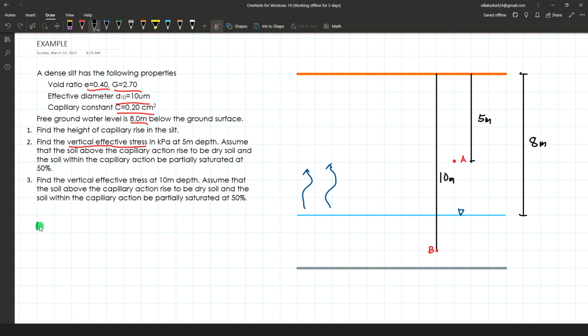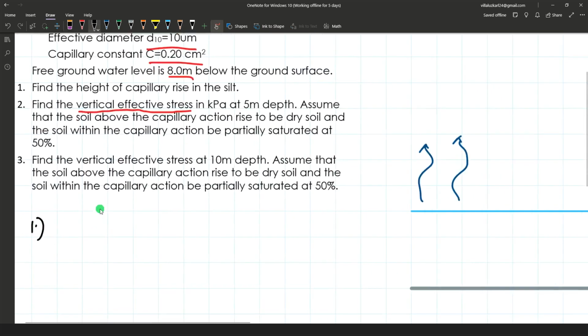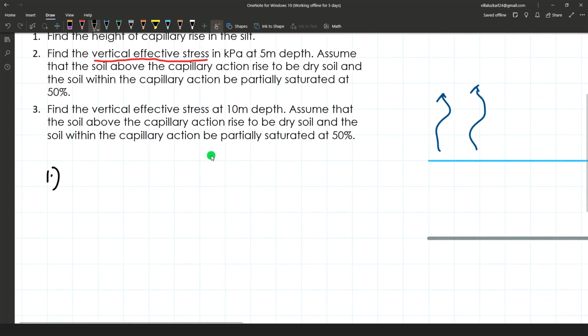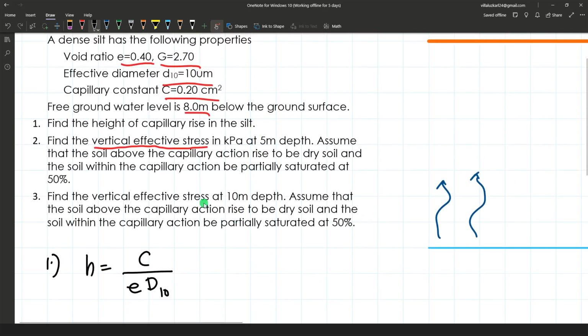So first, let's determine the height of capillary rise in the silt. The formula is h equals C over e D10. Looking at the units, for the constant, we have square centimeters. For the effective diameter, we have 10 micrometers. If we want a centimeter value for the height of capillary rise, we have to be consistent in using the units.